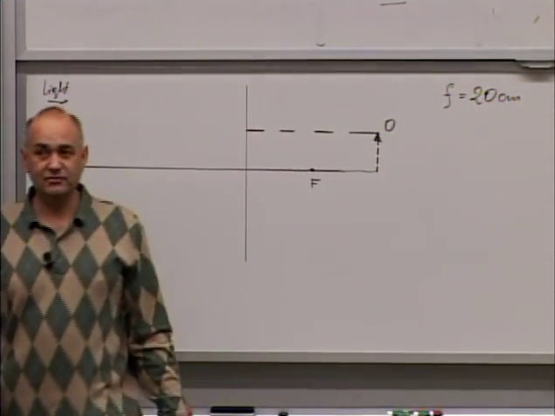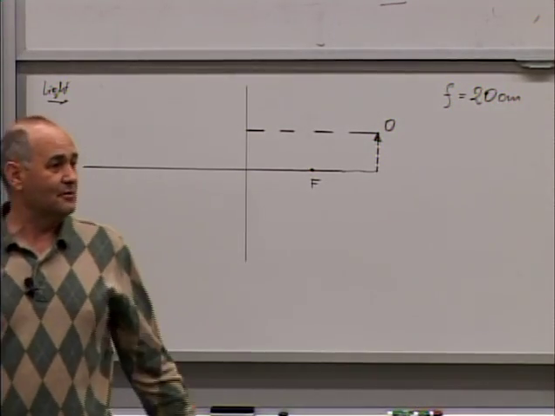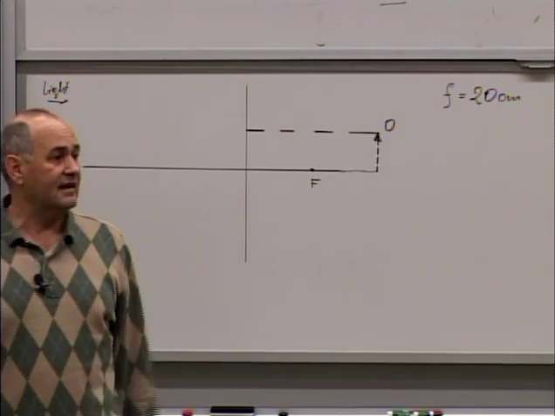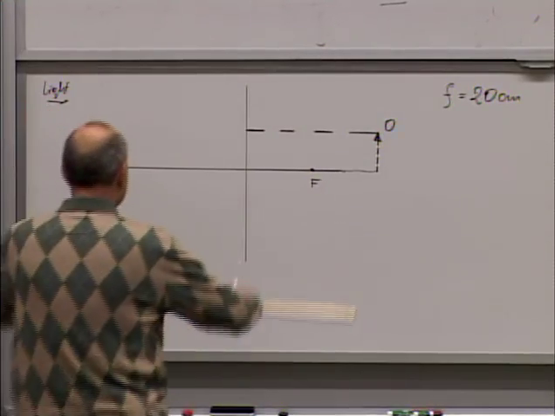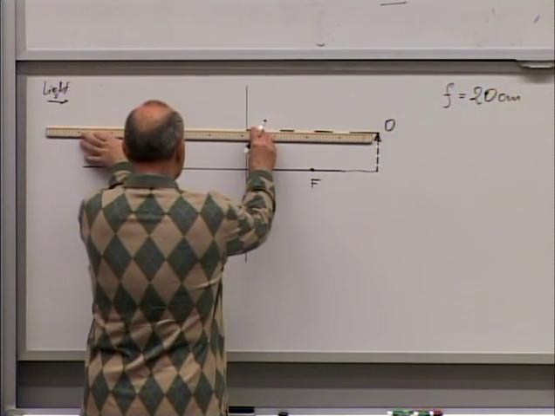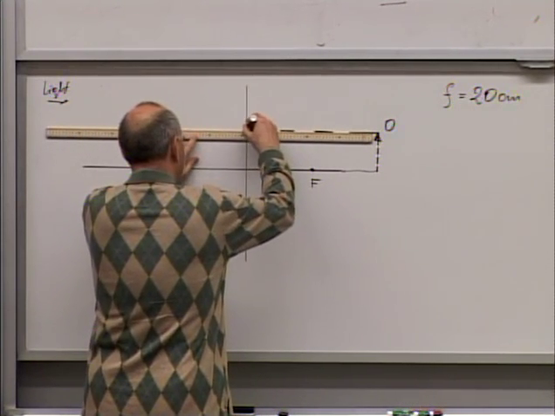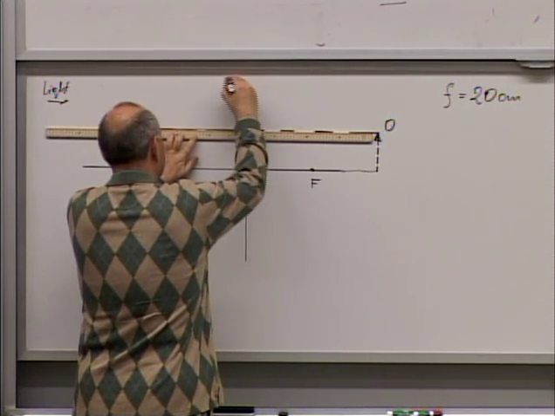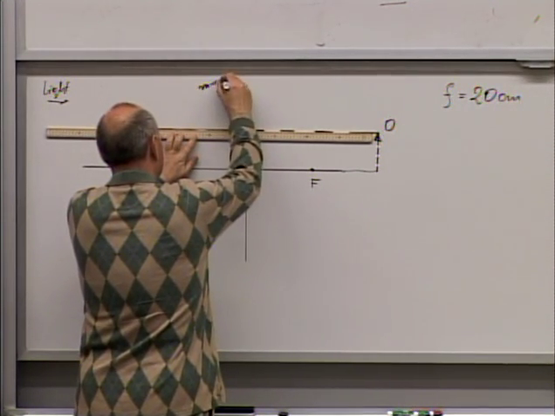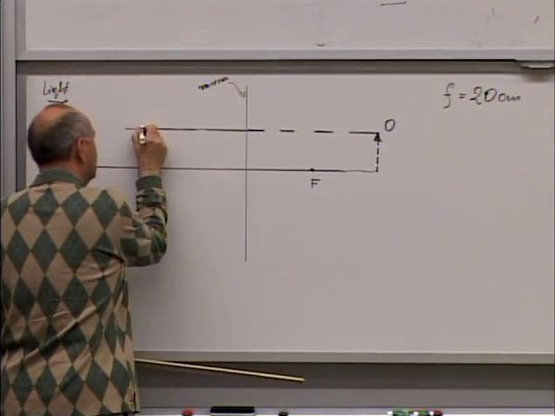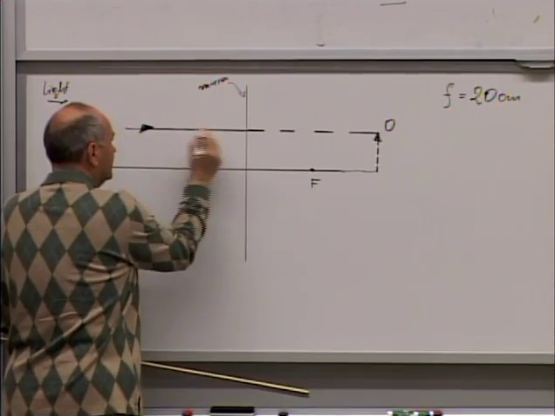Now, I should mark somewhere where the ray really is. Where is the light? Very good, Owen. It's on the other side. The object parallel ray looks like that. It is traveling in front of the mirror. Here is the mirror on this side. So over here I should mark it as a continuous line.